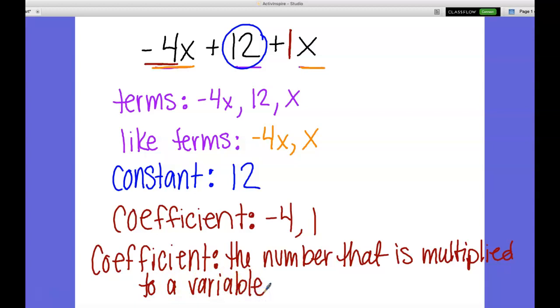And it's also important to note a variable always has a coefficient of 1.